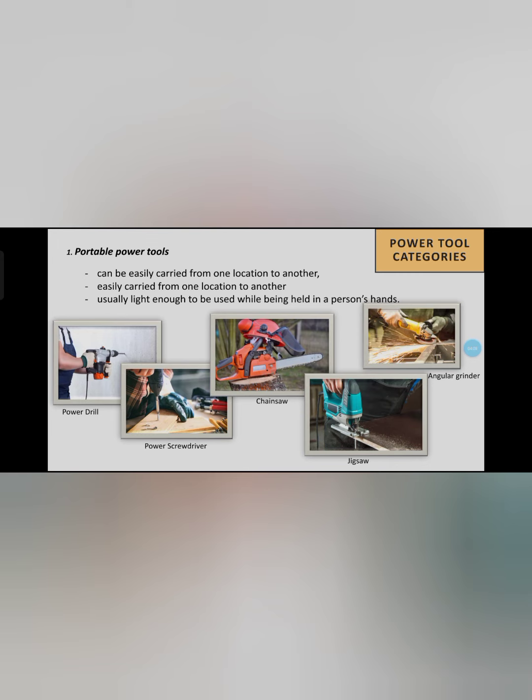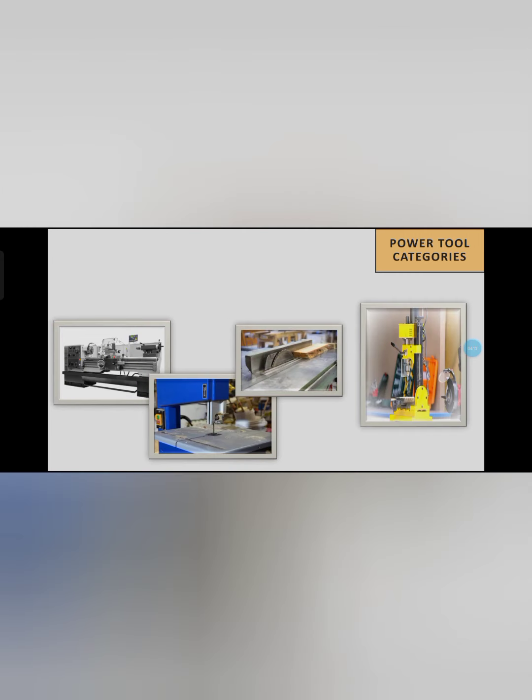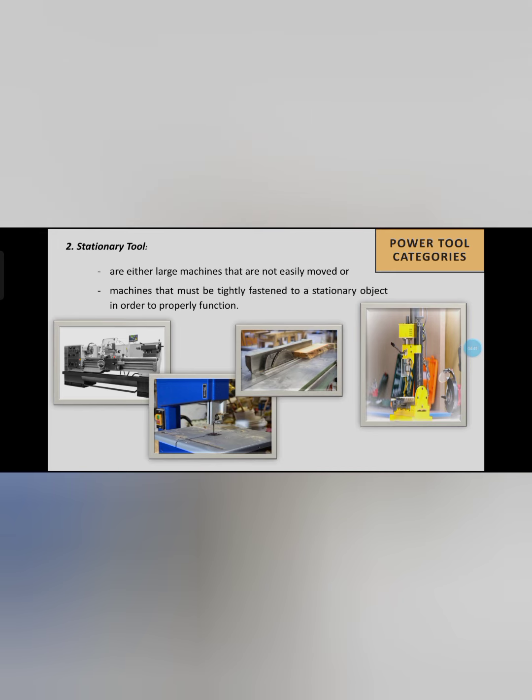So, the second power tool category is the stationary power tools. So, ano bang pinagkaibahan ng portable power tools over stationary power tools? Ang stationary power tool, guys, on the other hand, is able to be moved, but large and heavy enough that you normally keep it in one spot. Okay, mabigat na siya.